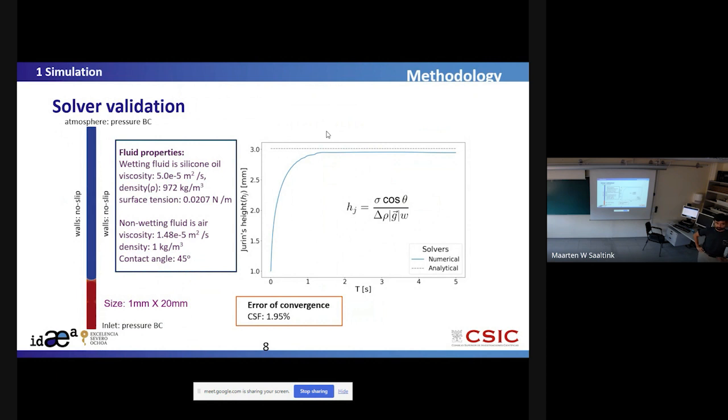I think the problem you focus on is the transient problem, and I think the transient simulation is also simple. The analytical solution for transient capillary rise is linearly proportional to the square root of time. Yeah. So why not in this case?